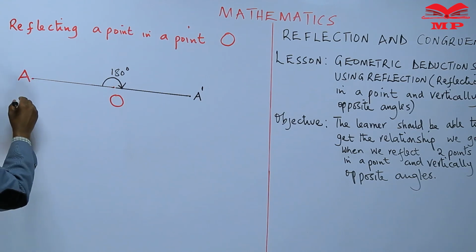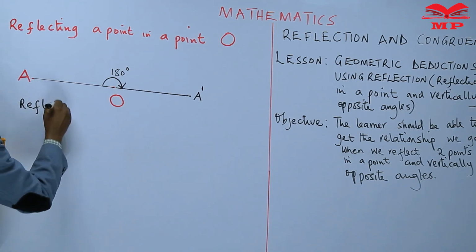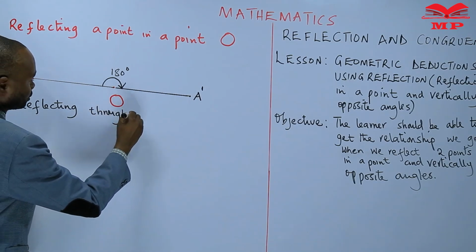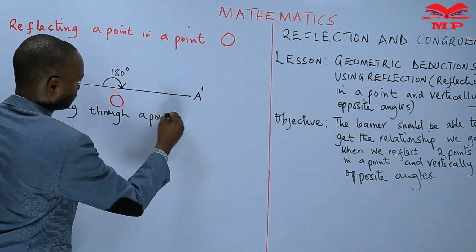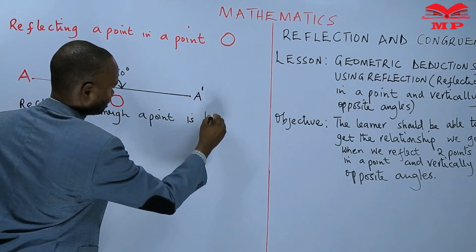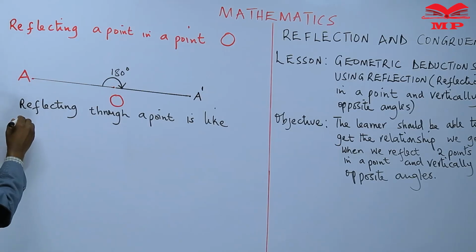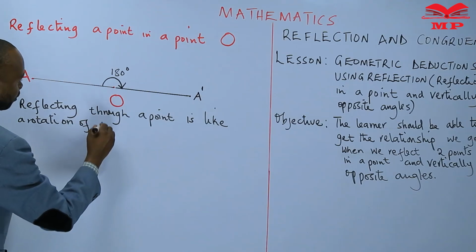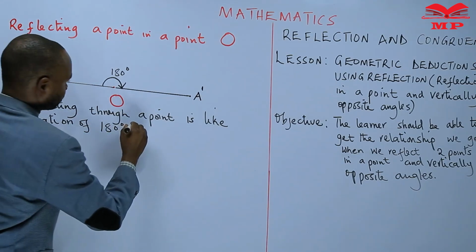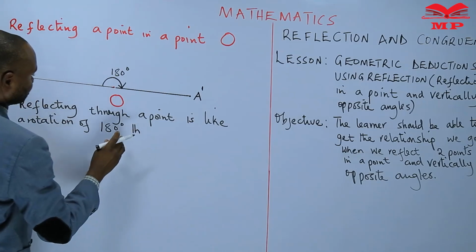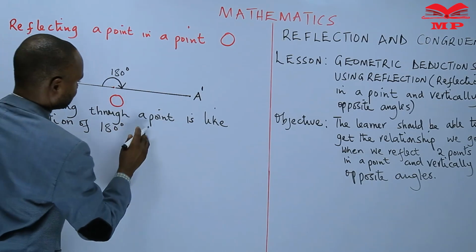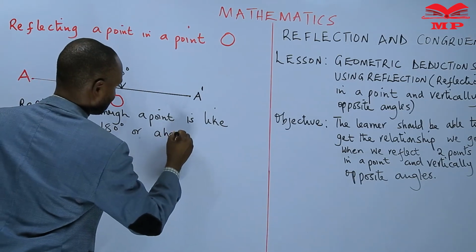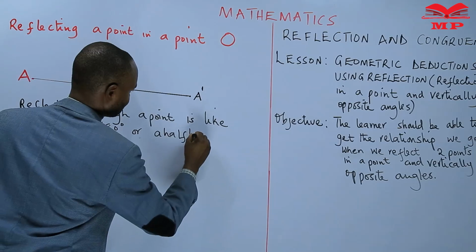So reflecting through a point is like a rotation of 180 degrees through the point, or a half turn.